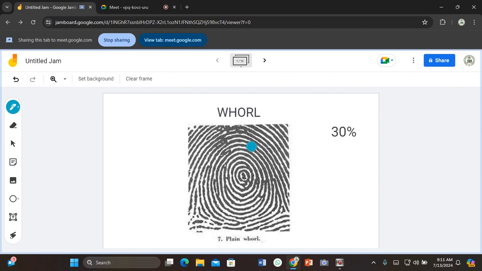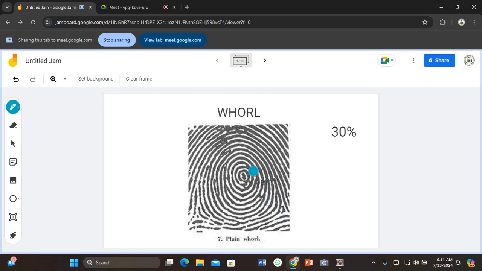The plain whorl has the simplest design of all the whorl subdivisions. In the plain whorl, as you can see on the screen, this is the left delta and the right delta.